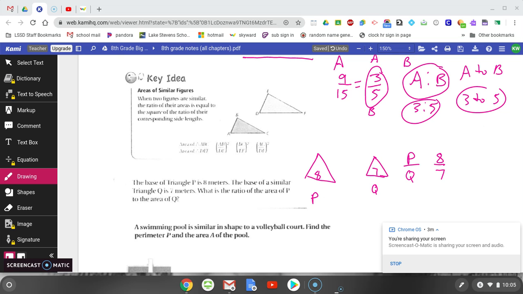So this is the ratio of the side lengths, which means the ratio of the area is going to square both of those numbers. So that's going to be 64 to 49. So all you do is find what the ratio is going to be for the side lengths and square both of them.